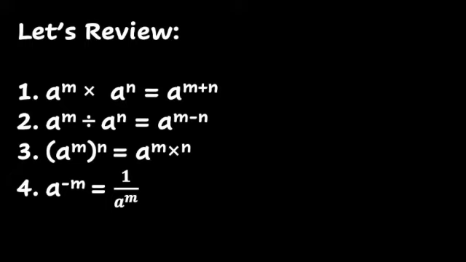So here the negative powers are the same as reciprocals. So if we want to change a negative power to a positive power, we can always express it as a reciprocal. And the last one is a raised to the power 0 is equal to 1. So any number or variable raised to the power 0 would always give us 1.